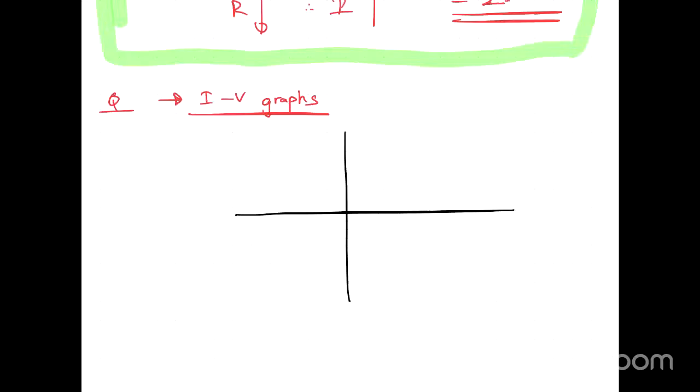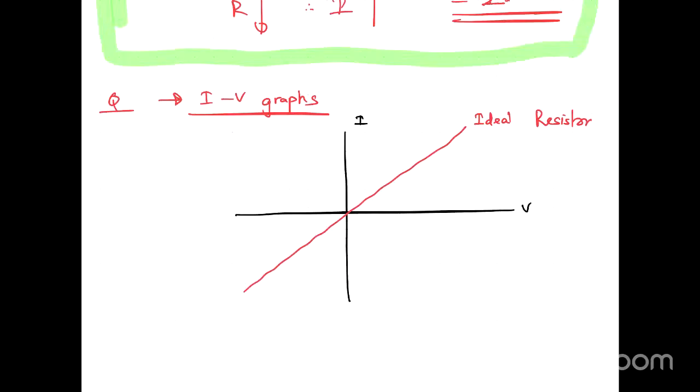Voltage against current. I'll use different colors, then you can clearly understand. This is going to be an ideal resistor. Ideal means they are the perfect ones, right?